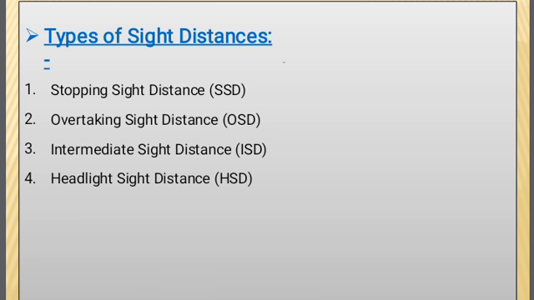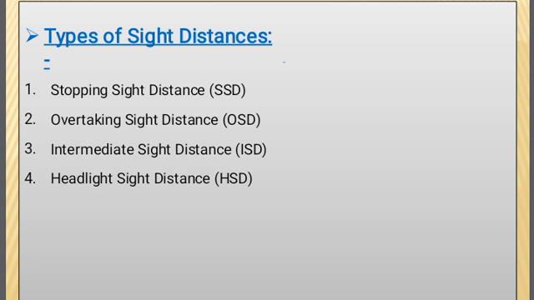Next, headlight sight distance. The distance which is visible to a driver when driving during the night under the effect of illuminated headlights of the vehicle is called headlight sight distance.